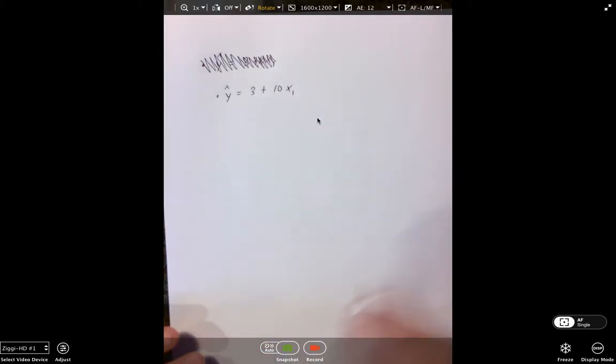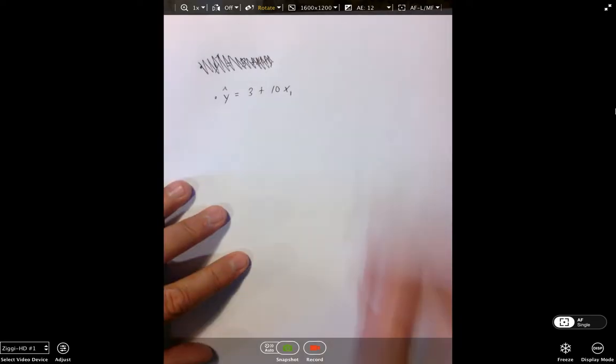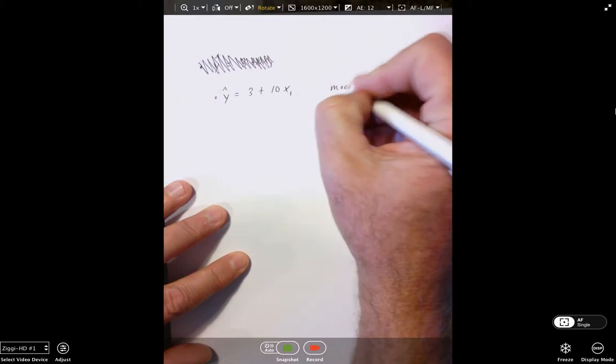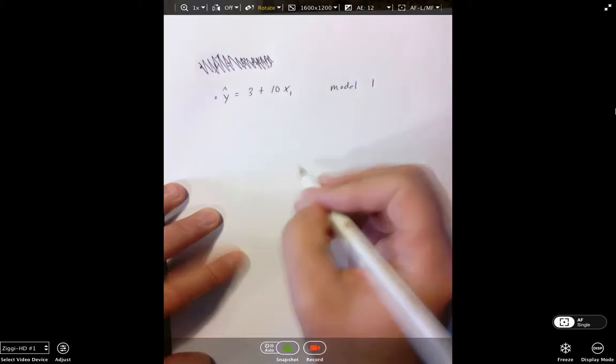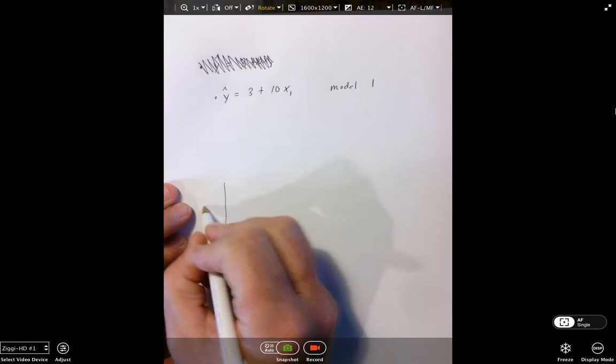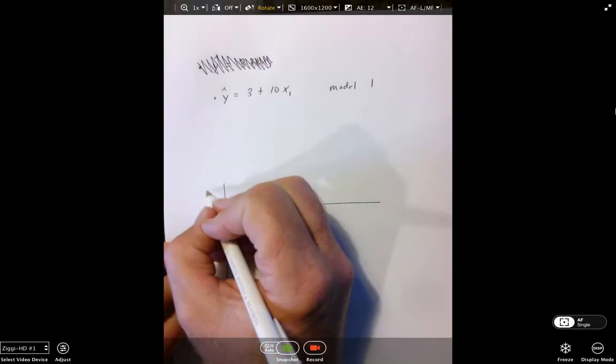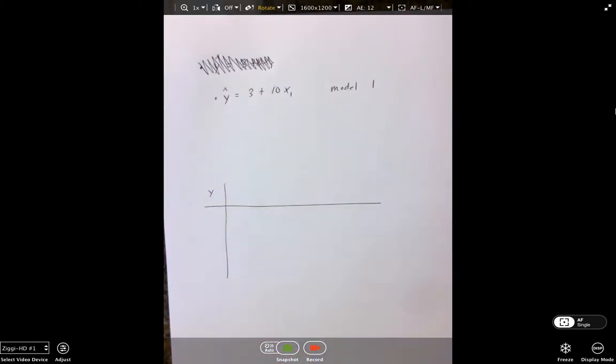Now, let's use our model to predict, and so I'm going to call this model 1, and I'm going to have my y's. Let me go back. Yes, sorry, this is getting kind of clumsy, but I want to do this to show something.